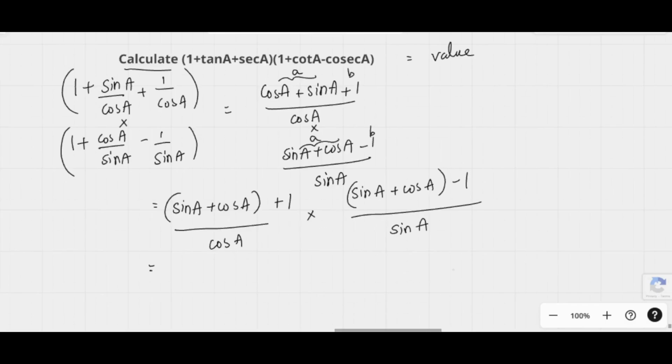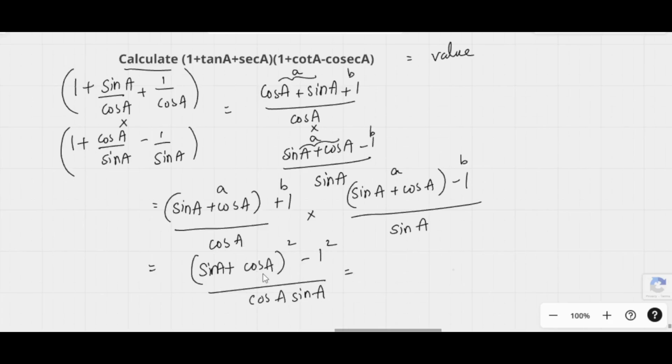Yes. Now it is A plus B into A minus B. So A plus B into A minus B becomes A square minus B square. So A square is (sin A plus cos A) whole square minus 1 square, divided by cos A into sin A. Okay, so A square minus B square, done.